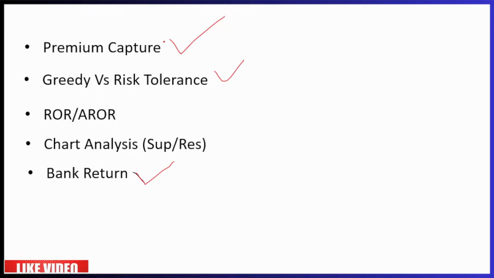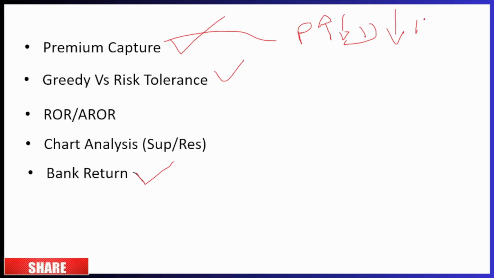In this case, you need to decide how much premium you want to capture. If your premium is going to be bigger, your downside protection is going to be smaller, and vice versa. If your premium is going to be smaller, your downside protection is going to be higher. Simple.